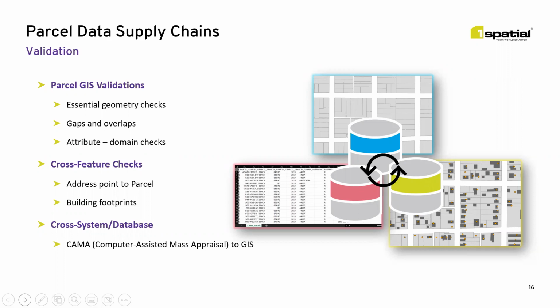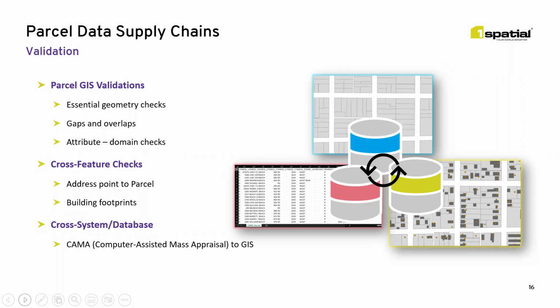And what we want to do is say, foundationally, is our data correct? Is it clean? And it's a little surprising that a lot of our customers are actually caught off guard with the underlying topological errors that actually exist within their data, within their parcels.